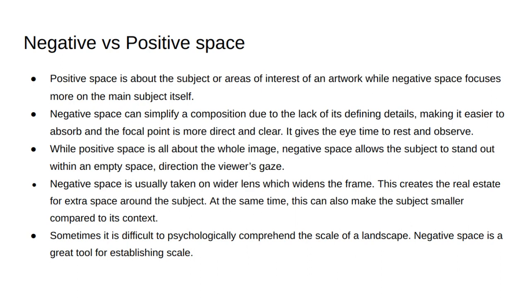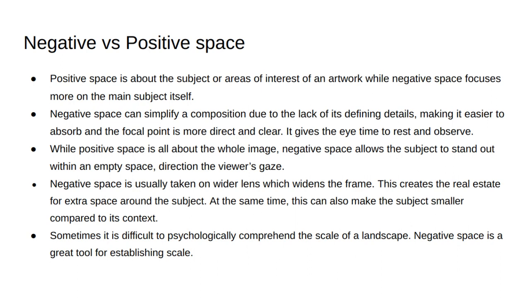And that's why negative space is able to simplify a composition due to the lack of defining details, which makes it easier for the viewer to absorb and makes the focal point more direct and clear.